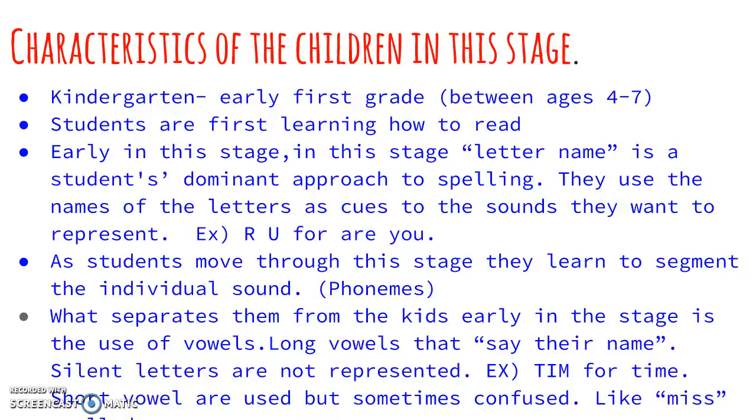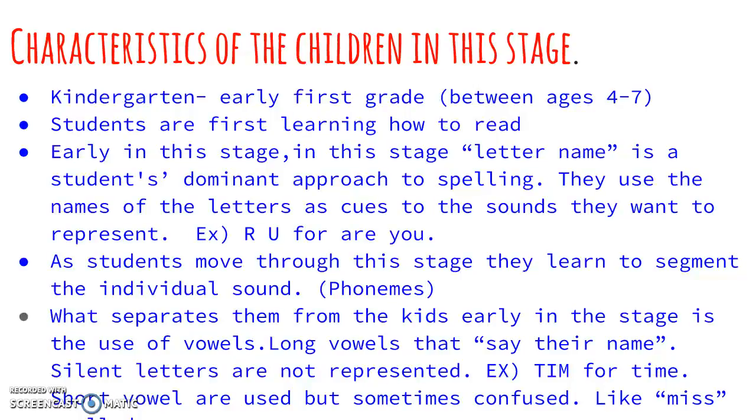Early in this stage, letter name is a student's dominant approach to spelling, like the first letter of their name. They use the names of letters as cues for the sounds they want to represent, like R, U for RU.